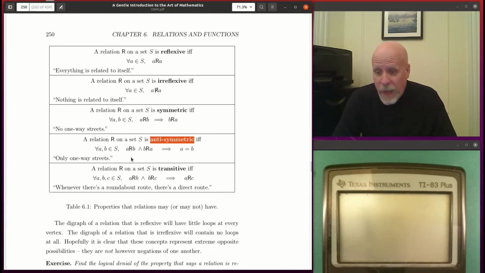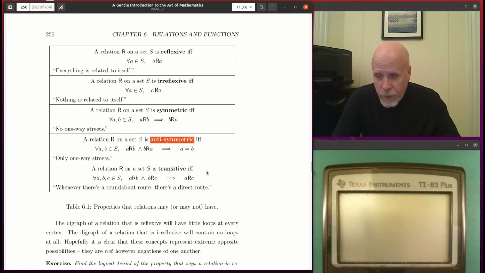Because if it happened, they would actually be equal to each other and thus not distinct. So what that creates is you only see one-way streets. If something is connected in both directions, then it sort of collapses into a single point.